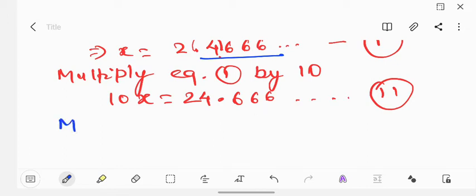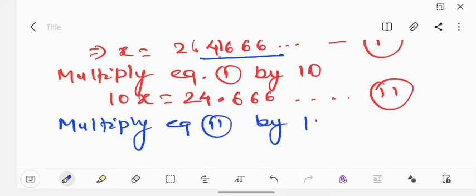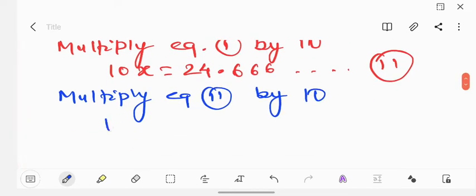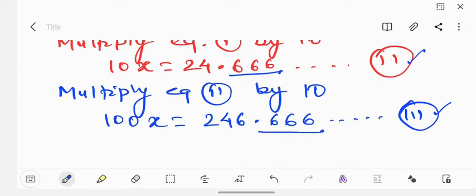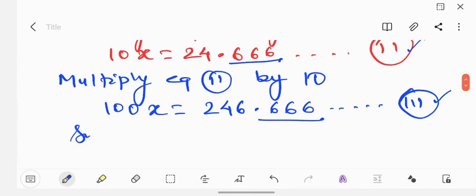As we can see, only one digit is getting repeated again. So we multiply equation number 2 by 10 again. So what do we get? 100x equals 246.666. Okay, let's declare this as equation number 3. Now if you see equations 2 and 3, you observe that after the decimal the digits are the same. So let us subtract now.